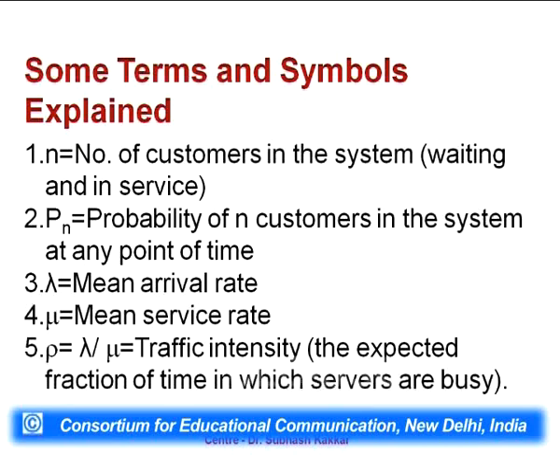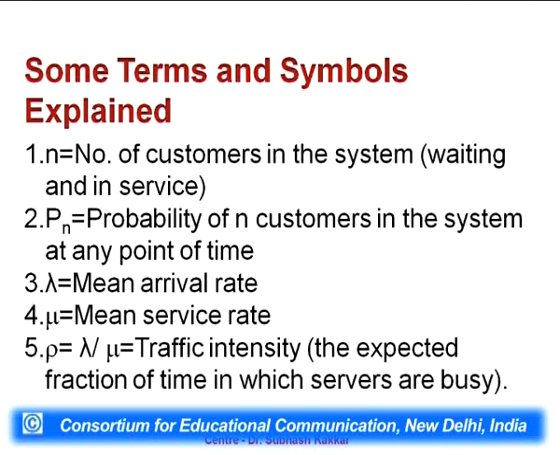Lambda is mean arrival rate, and it is regarding Poisson distribution. Average arrival rate is shown by the symbol lambda. Mu is mean service rate, the rate at which the customers are being serviced.